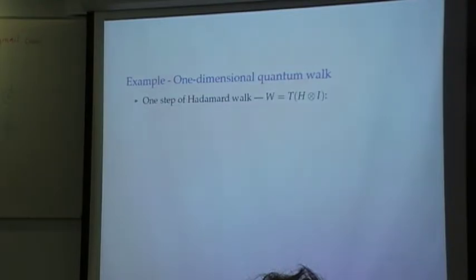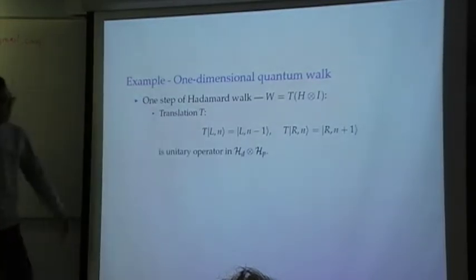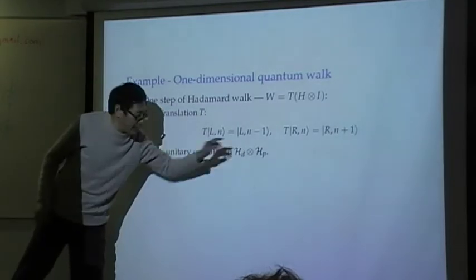One step of the Hadamard walk can be described by the operator W, which is the composition of T and H tensor I. Here T is the translation, a unitary operator on this tensor product H_D and H_P. T acting on |L, n> gives |L, n-1>, and if we apply it to |R, n>, then we get |R, n+1>. So this operator is a unitary operator on the tensor product.